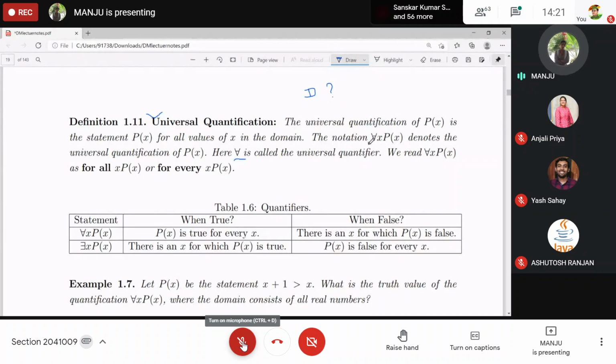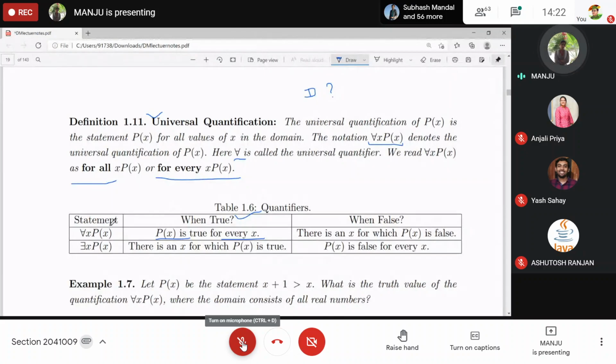The quantified statement is for all x P(x), which reads as for each x P(x), for every x P(x). Now, when will this be true and when false? Here x comes from the domain. As the name suggests, if P(x) is true for every x in the domain, then for all x P(x) will be true.